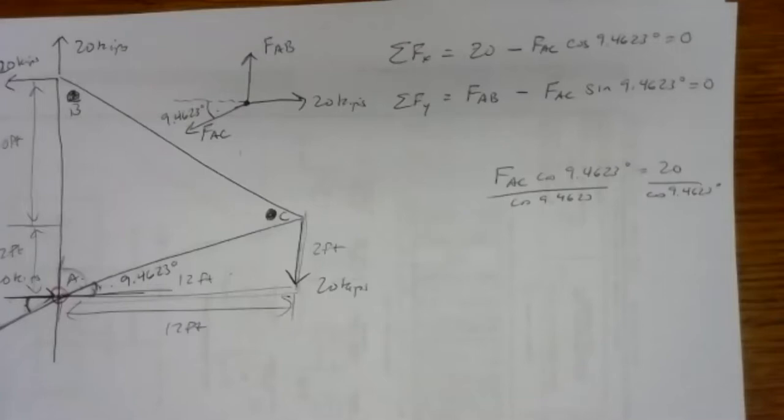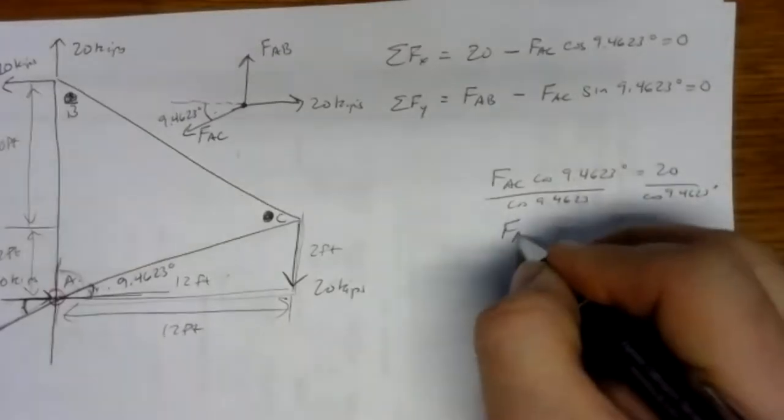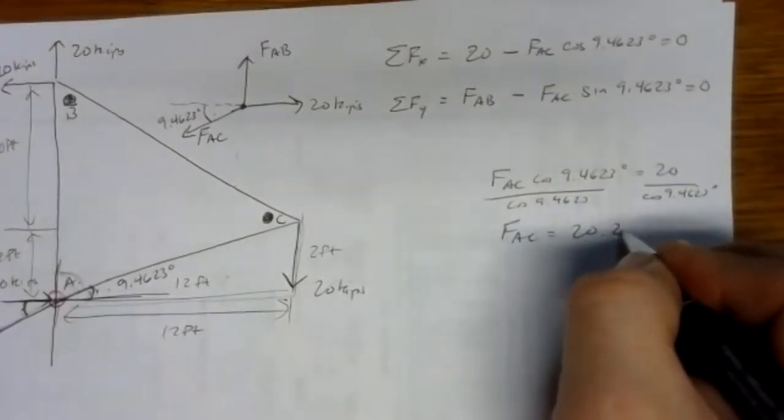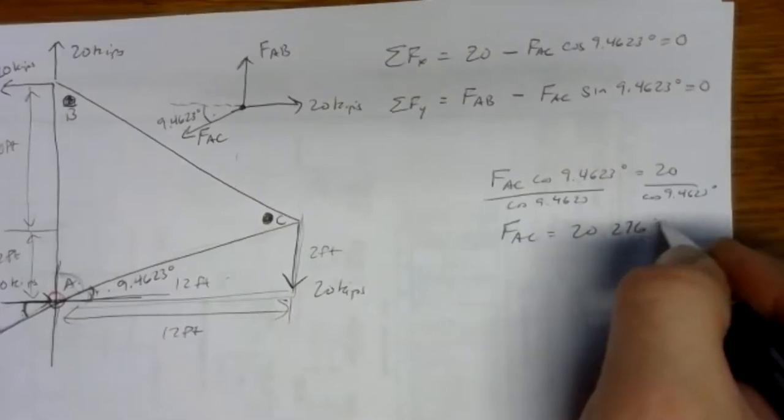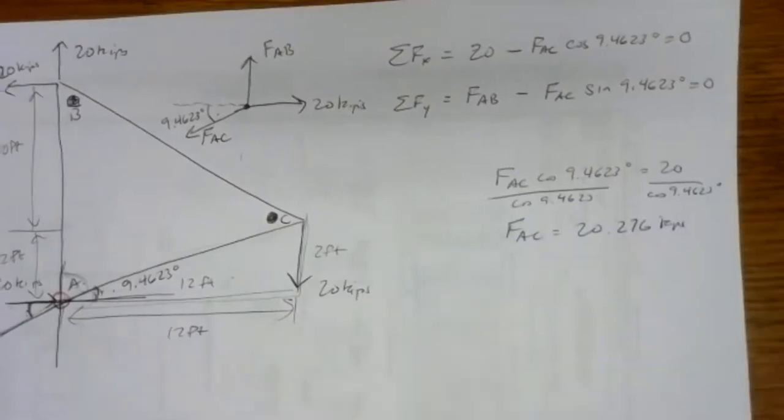Cosine, there we are. And that's 20.276. So FAC is 20.276 kips. Came out positive, so our direction's good. And we'll figure out tension or compression here in a moment.